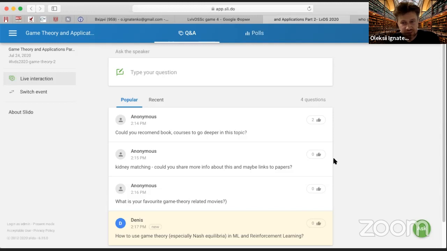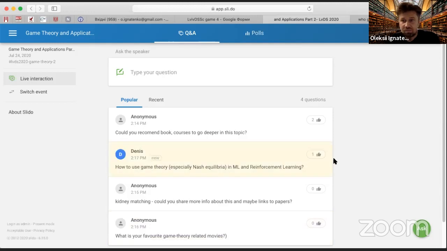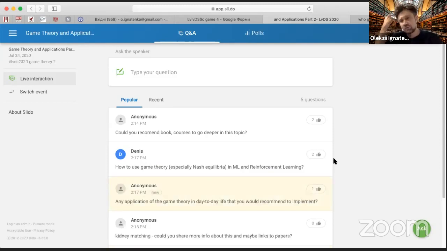And you have movies about Alan Turing and about John Nash, A Beautiful Mind, about the life of John Nash. It's not exactly about game theory, but it's a really nice movie with Russell Crowe as Nash. So you can watch this, of course.